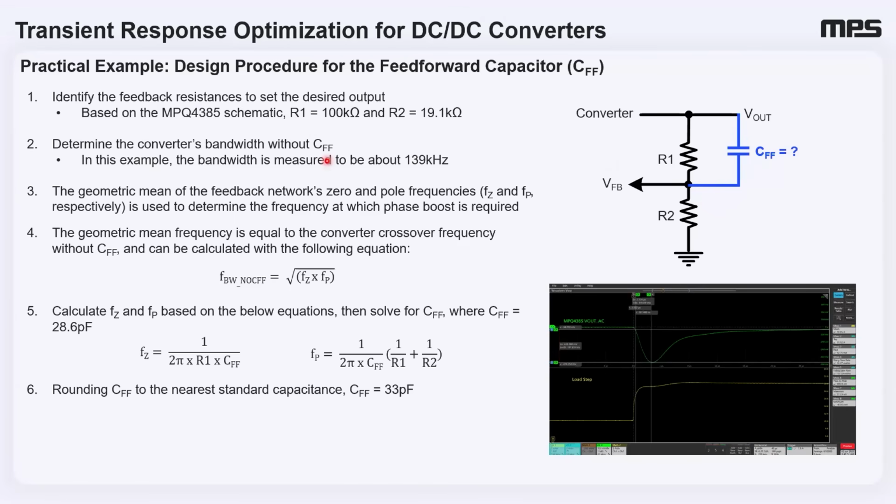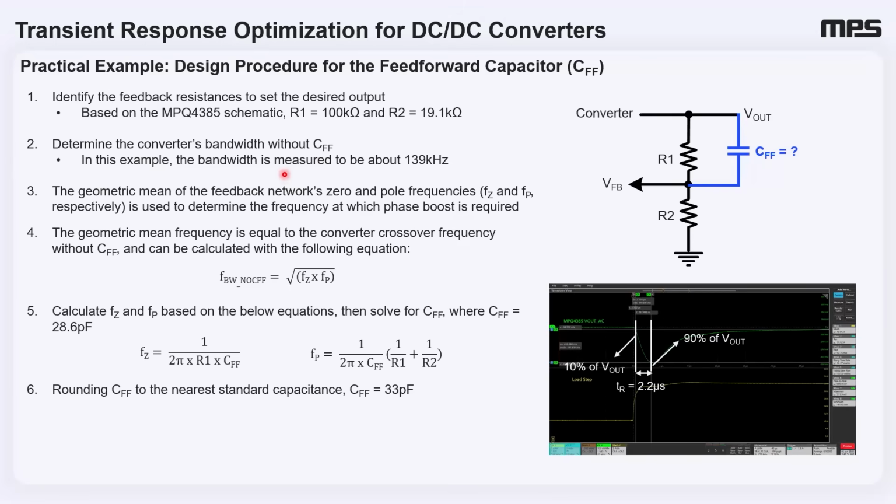Next, we need to understand the converter bandwidth before adding any compensation or feed-forward cap. This is our starting point. In this specific example, without the feed-forward cap and using the response time method, we estimated the bandwidth to be around 139 kilohertz. To effectively place the zero and pole introduced by CFF, we consider the geometric mean of the zero and pole frequency.